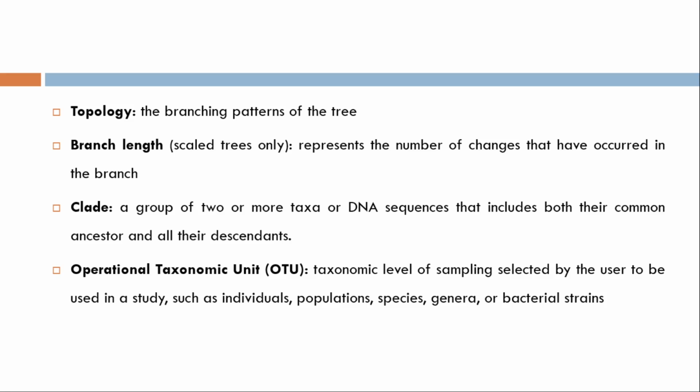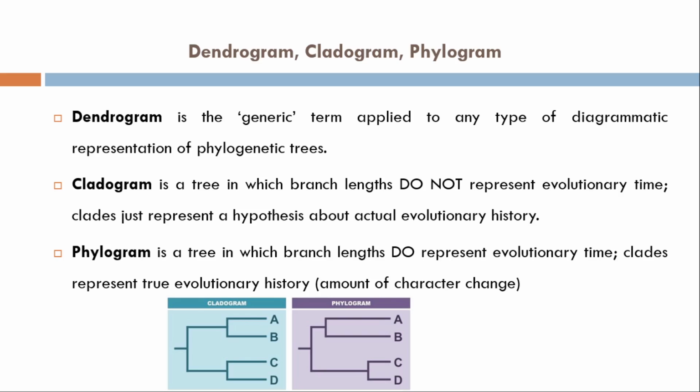One more concept is branch length. You will find several types of trees. For the sake of example, see this particular tree. Here you can see the branch lengths of all of A, B, C, D are the same.